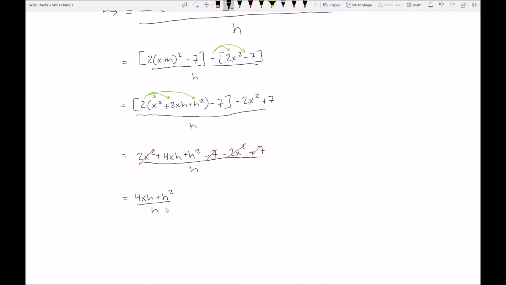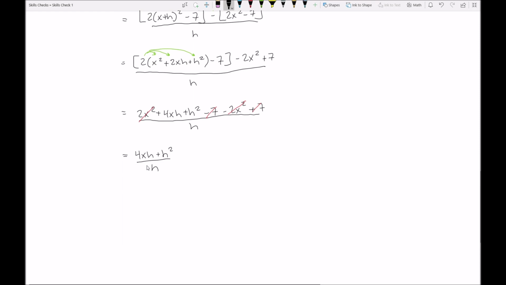And I can actually simplify this a bit further because, like we talked about several videos back, there's something in common in the numerator, and I should factor that out so I can see if anything can cancel from top and bottom. If I take an h out of the numerator, I'm going to be left with this. And now, of course, I can see that my h over h is going to turn into a 1, and so I'm really just going to be left with 4x plus 2h.